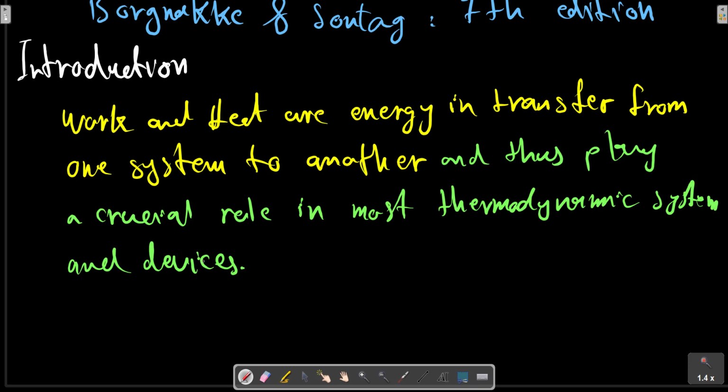To analyze such a system, we need to model heat and work as functions of properties.